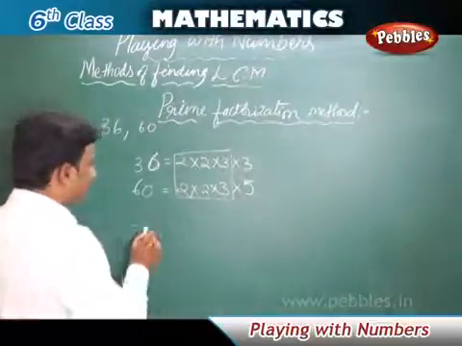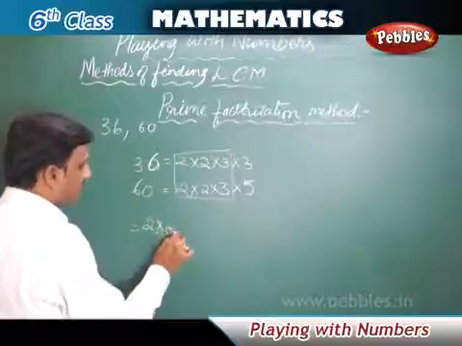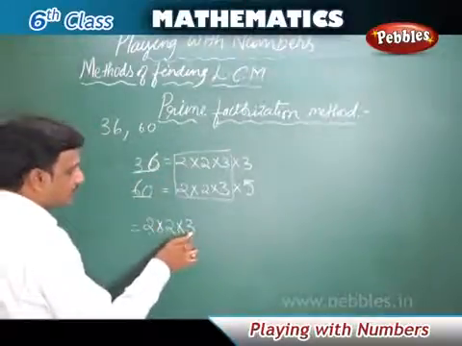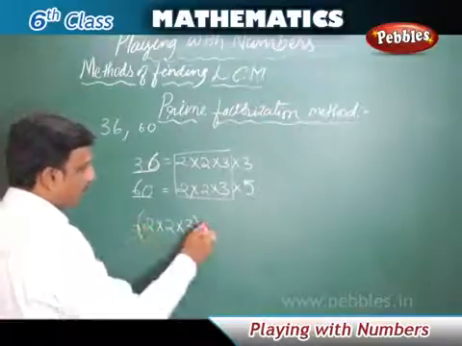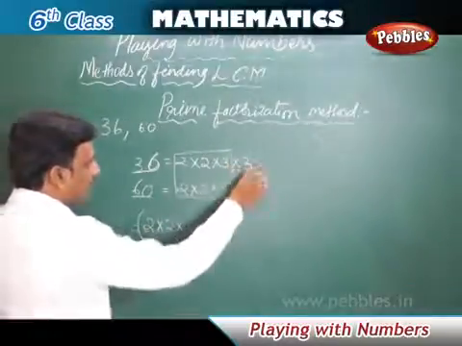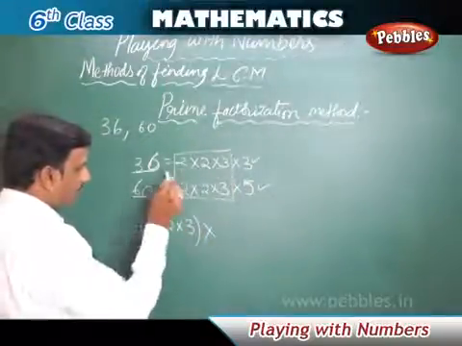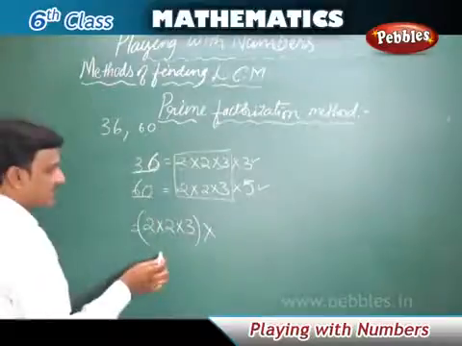Now let us take the common factors of both the given numbers 36 and 60, 2 into 2 into 3. These are the common prime factors of both the numbers.